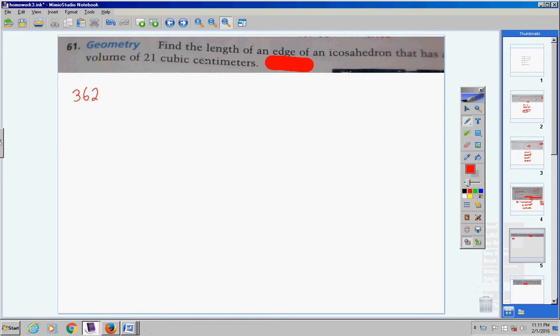For example, in this problem, we're dealing with the length of an edge of an icosahedron. Okay? So if you'll look at the top of page 362, you'll see a formula that says volume equals 2.18169 a cubed.